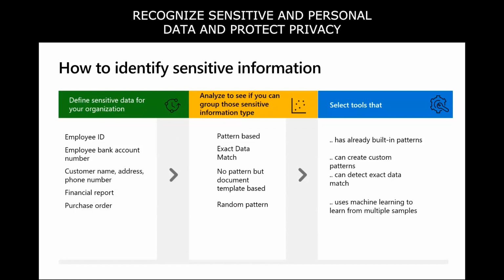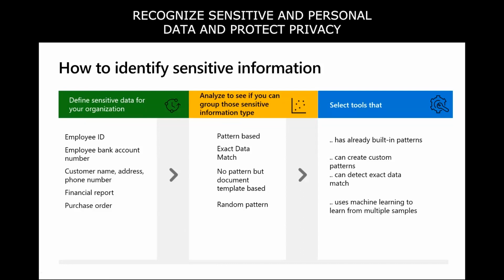Once you have defined these examples of your sensitive information, the second part is to analyze and identify a few patterns. Currently in the industry, we see these types of patterns. One is pattern based, the second could be an exact data match, and I will give you an example in my next few slides.